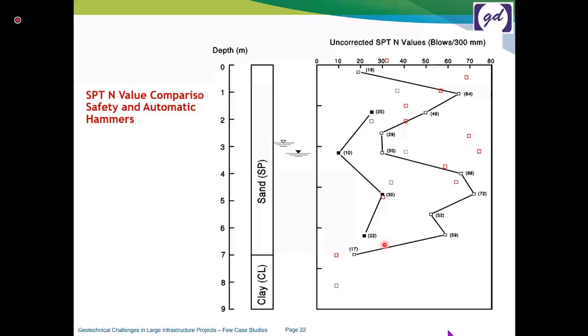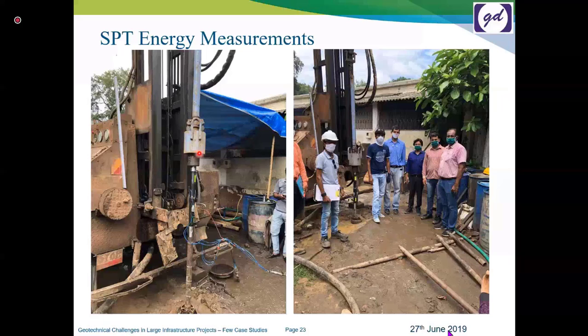So we started measuring the energy corrections, what we call SPT energy measurement corrections. You can see this is the donut type of hammer, which sits on this anvil, and below that there are some energy measurement rods which are instrumented, and the free fall of this gives you a particular energy transfer ratio, what we call the ETR, so that you can understand how much of the applied energy is transferred to the SPT rods below.